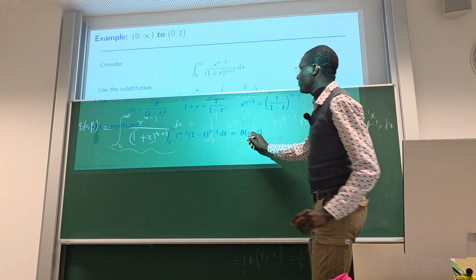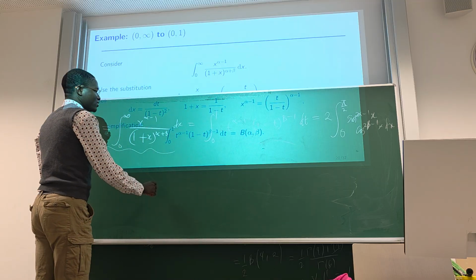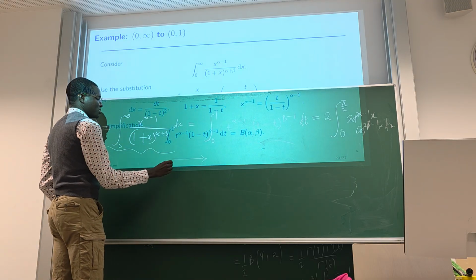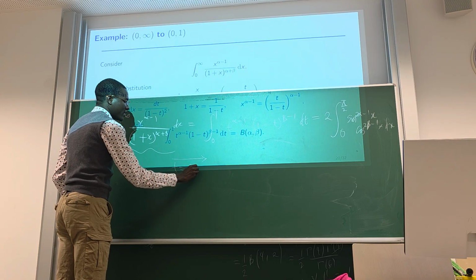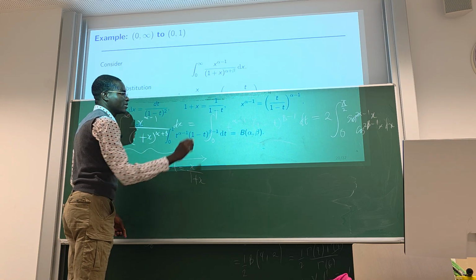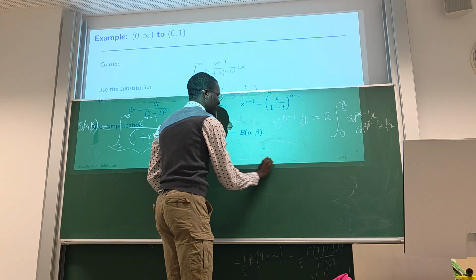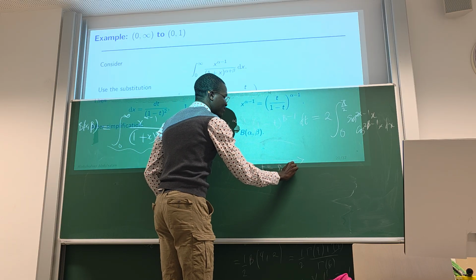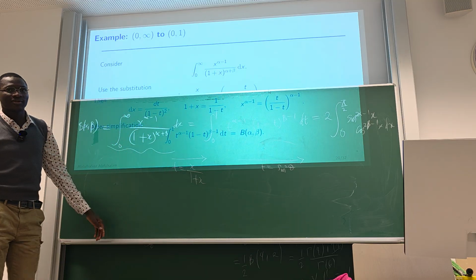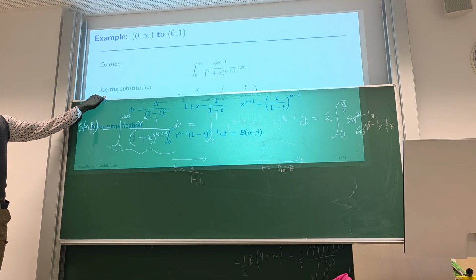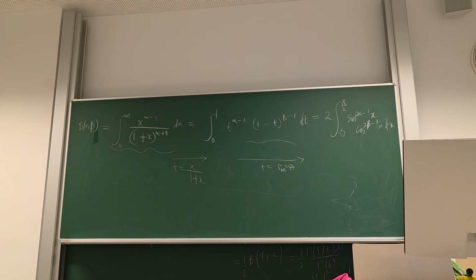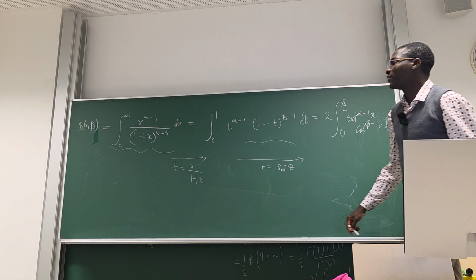Okay, so from here to here, you make this substitution: t equals x over 1 plus x. From here to here, you make this substitution: t equals sine squared theta. That's just it, okay? That does it.